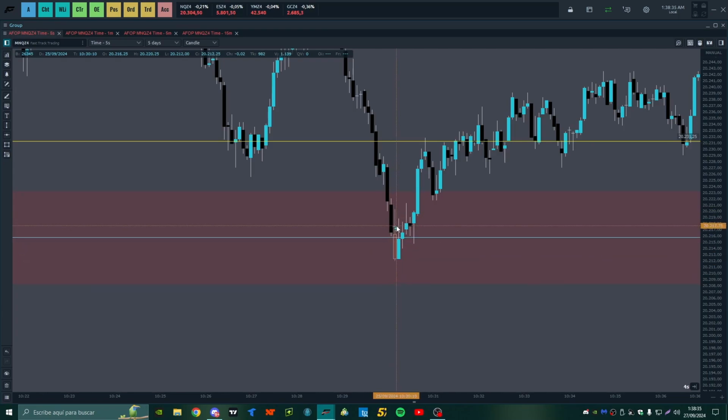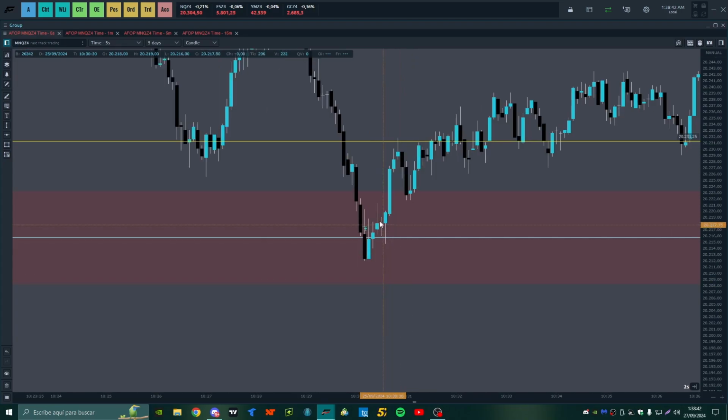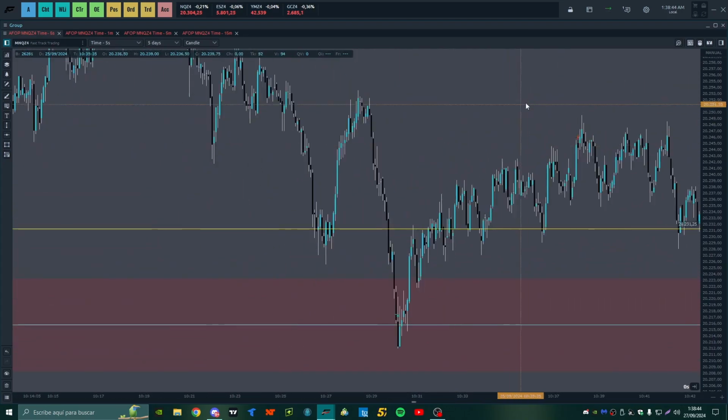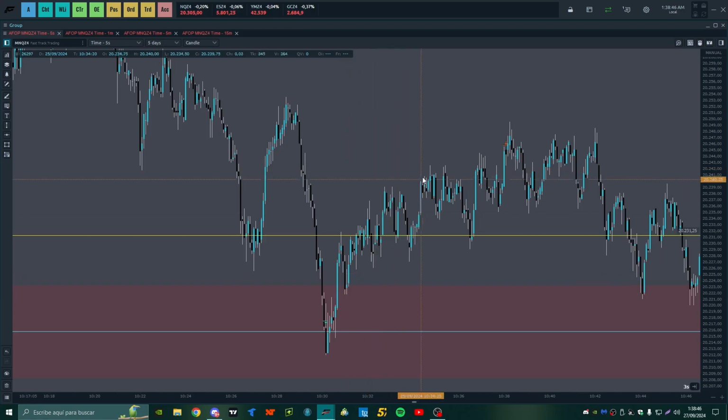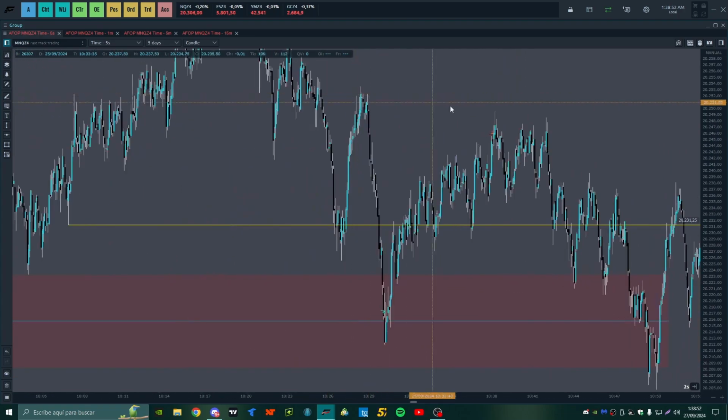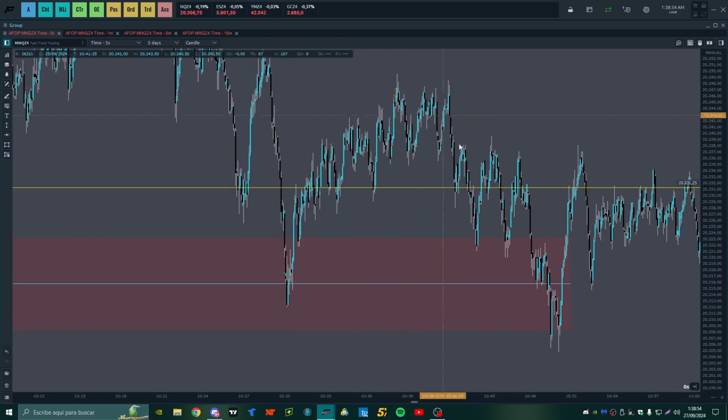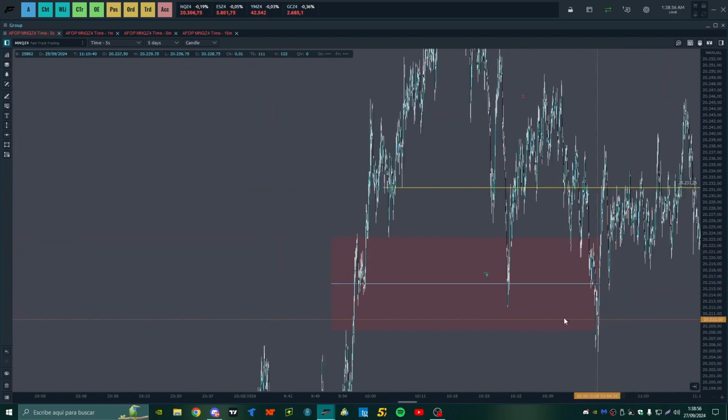I entered on this candle after it dropped, reacted, then dropped again. But well, from there the price started to go up. It took a lot of time around here, and seeing that we had already entered close to the origin of this move, I closed. It was a good decision because it kept dropping.